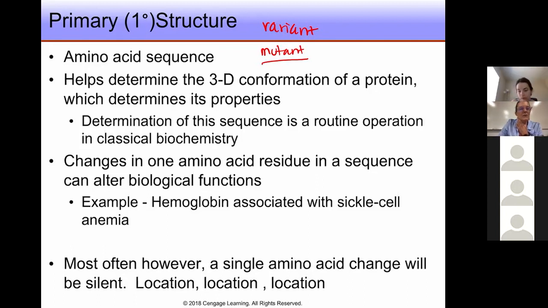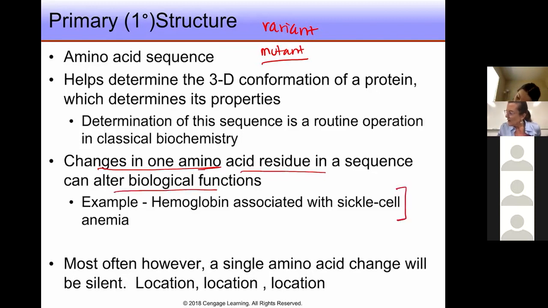Okay. And so I actually don't like that this is in here. Most mutations are silent. There's lots of mutations that happen in various parts of proteins, and they have no effect on the protein. But if you hit one in an important spot for folding or for function, sometimes the change in one amino acid can alter the biological function.